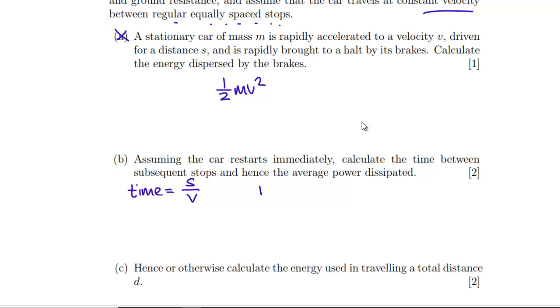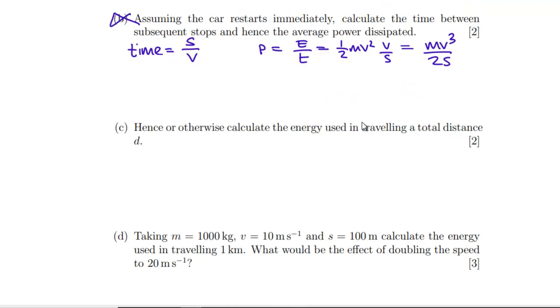Power equals energy over time, so that's half mv squared multiplied by v over s, so mv cubed over 2s. Nice.